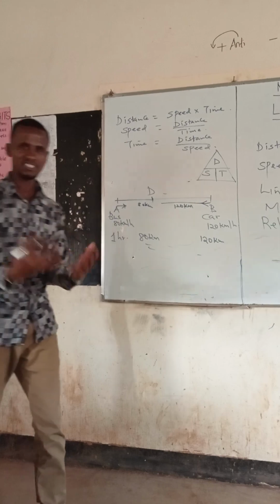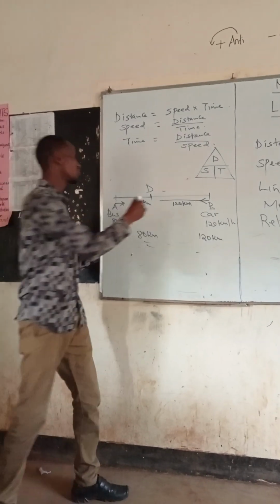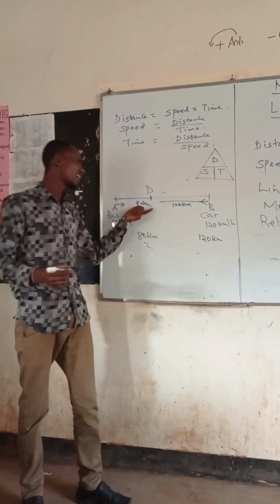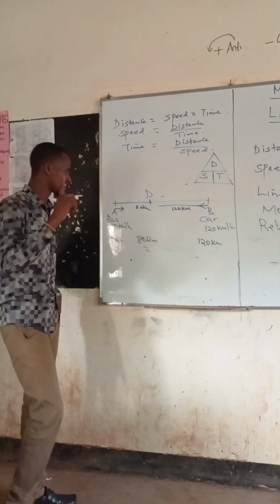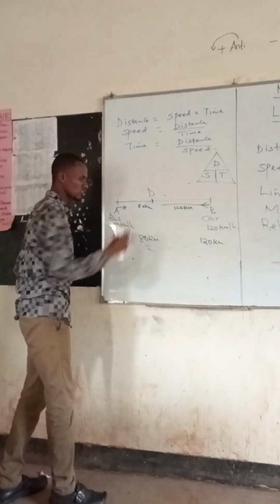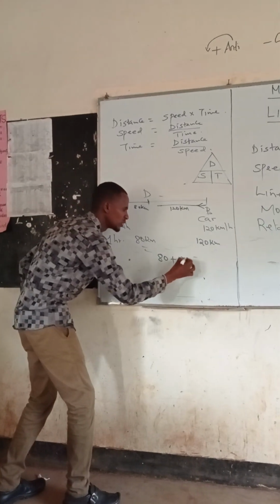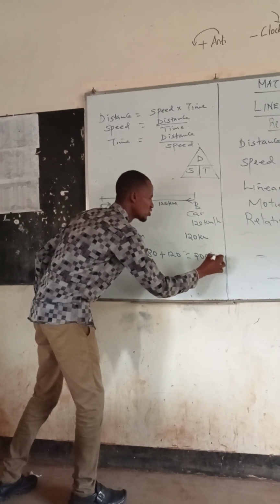So what is the resultant speed of the two vehicles? You can see that all of them are contributing. In 1 hour, this one will cover 120 and this one will cover 80 kilometers. Therefore, in 1 hour, the distance covered by the two vehicles will be 80 plus 120, which will give us 200 kilometers.